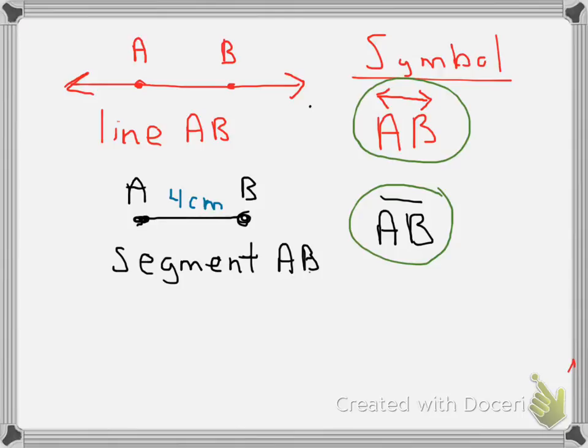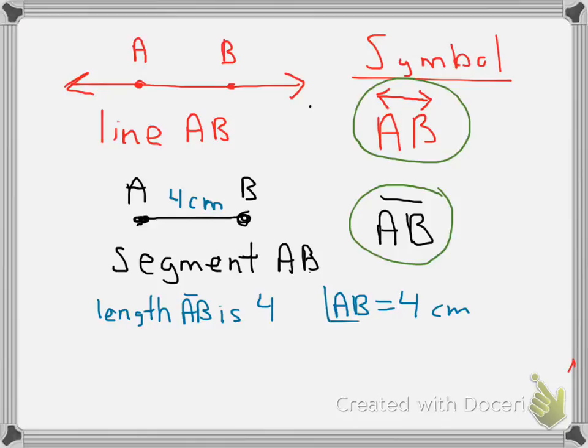If I don't have the drawing, but I want to say that the length of segment AB is 4, that's a lot to write. Our shortcut will just be to say AB equals 4. And you can put the centimeters in if you like.